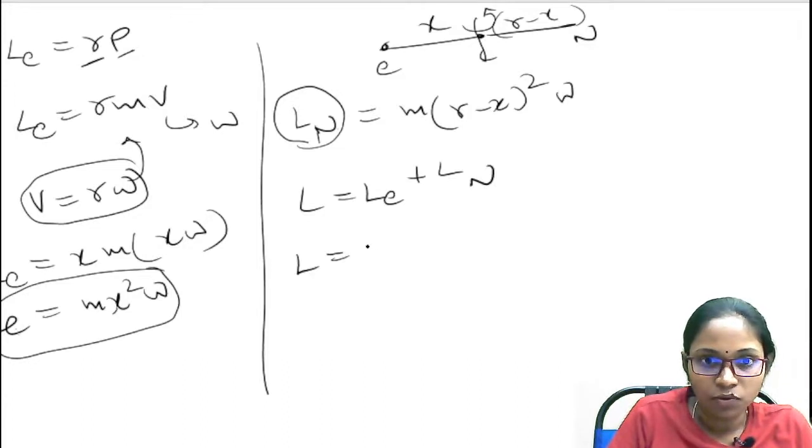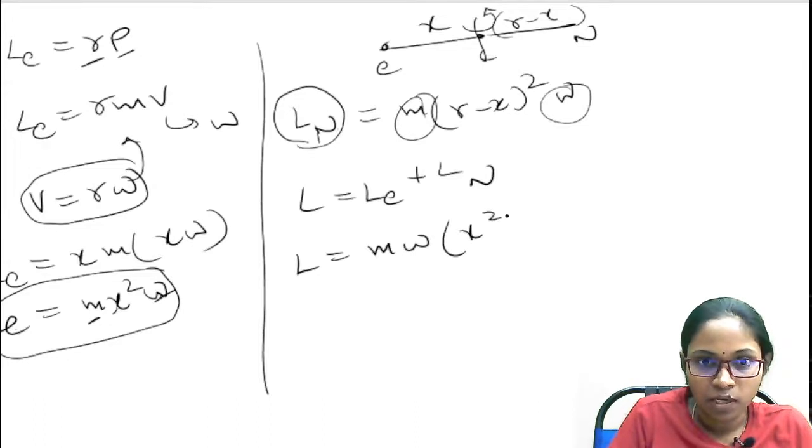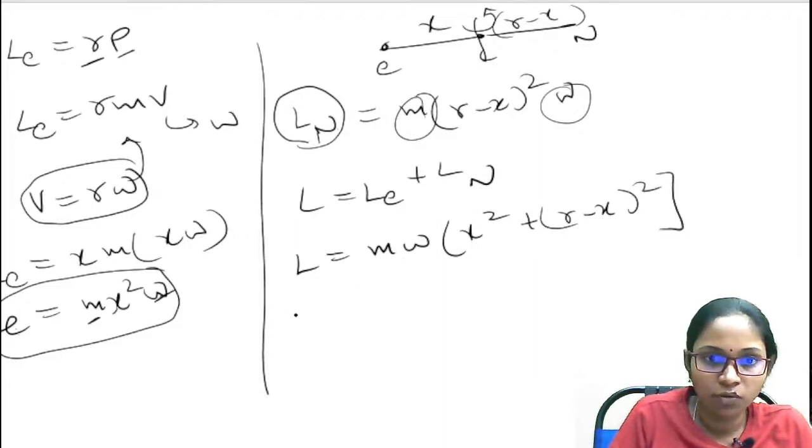Therefore it will be equal to omega. I am taking omega common in both these equations. We are left with m x square plus M r minus x whole square. Okay, now you just substitute the value of x and r minus x. What is the value of x?